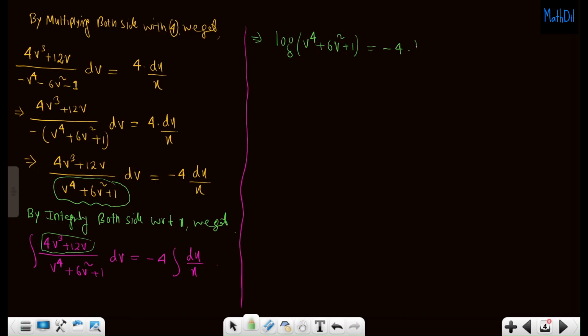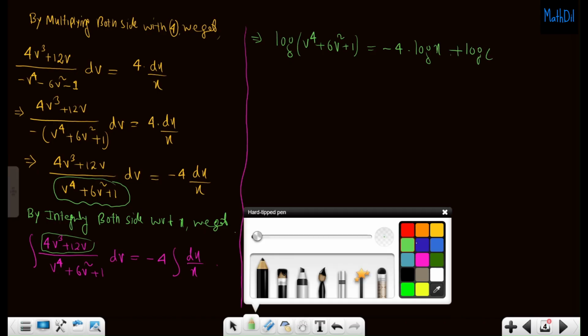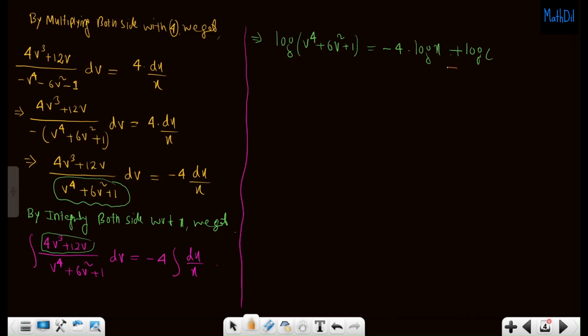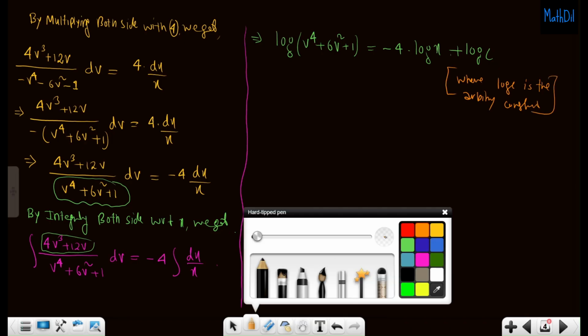It is log x, simple, right, plus log c, where log c is the arbitrary integrating constant. Okay, so now just simplify it, you will get the result, right?